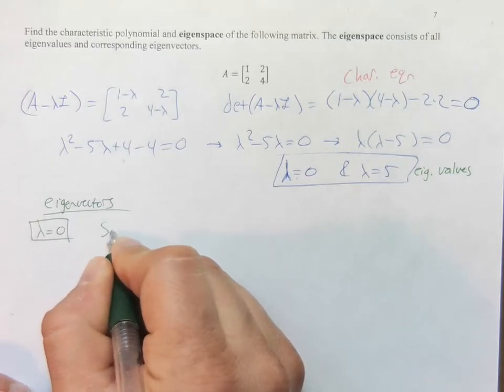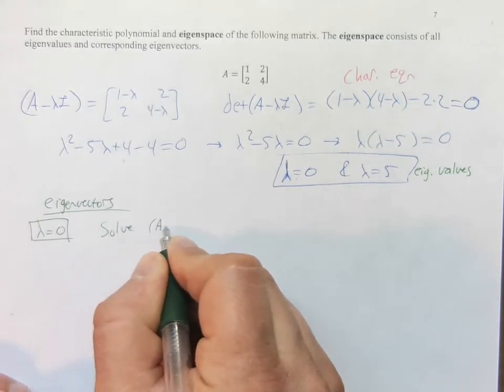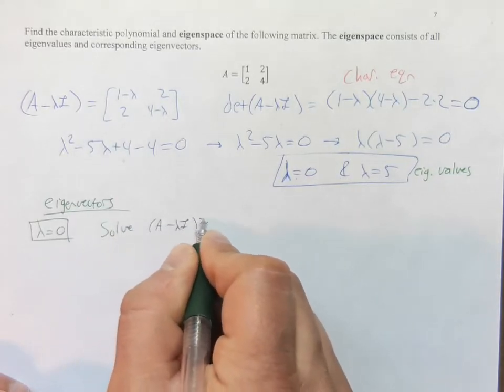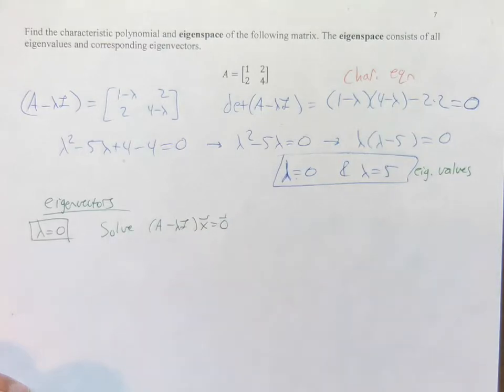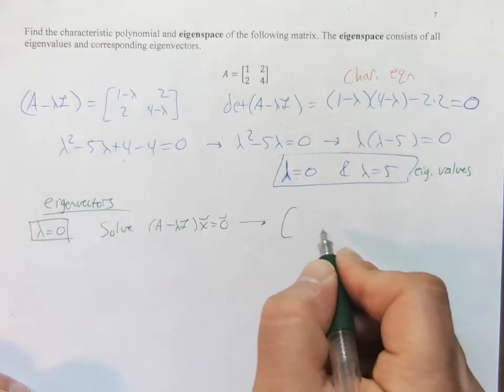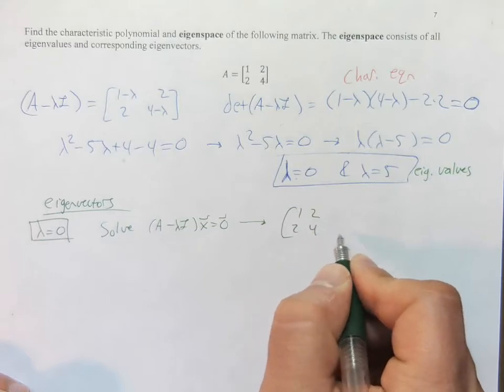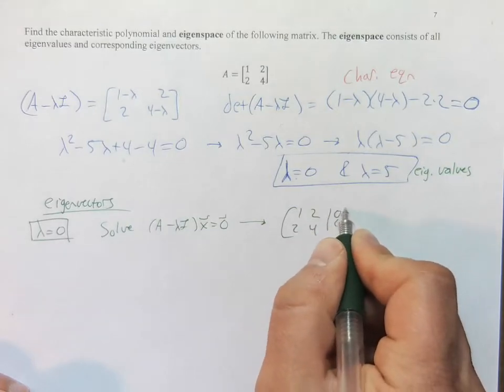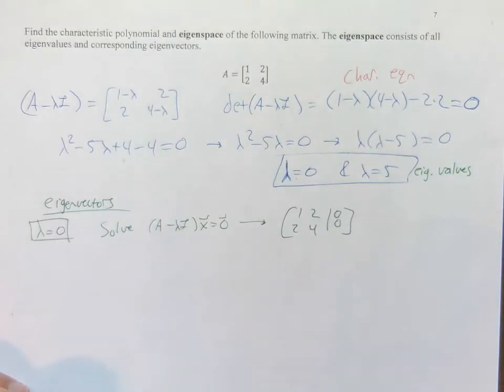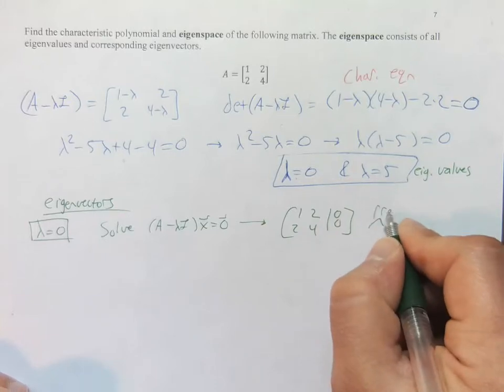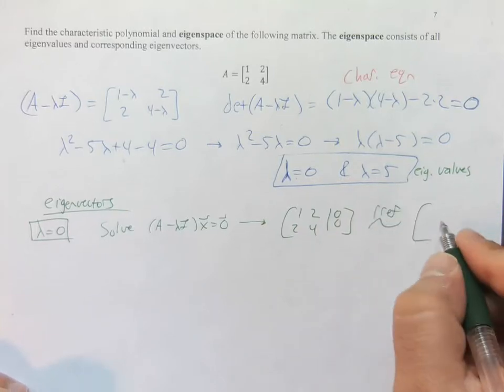So let's solve A minus lambda I x equals 0. And so that looks like this. That's A minus lambda x, and we're setting it equal to 0. We do our REF, and we get this.